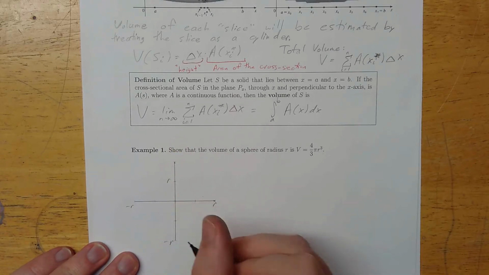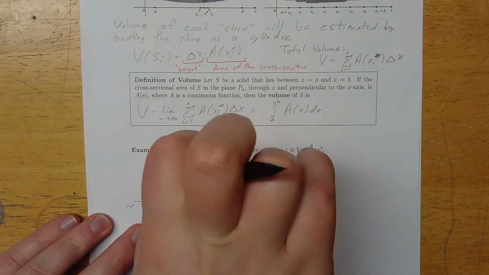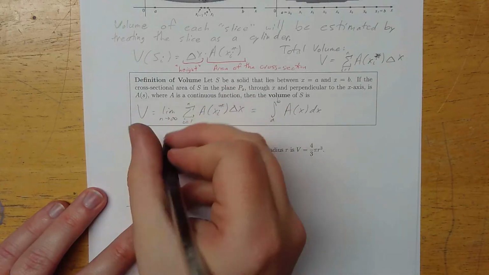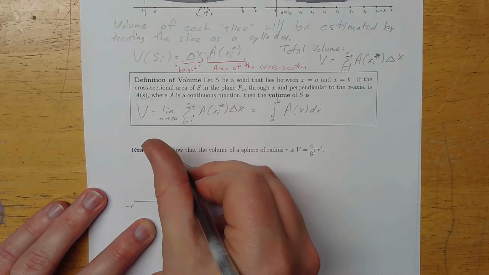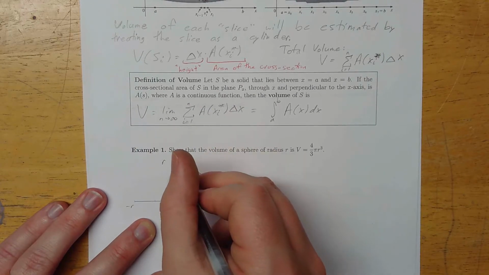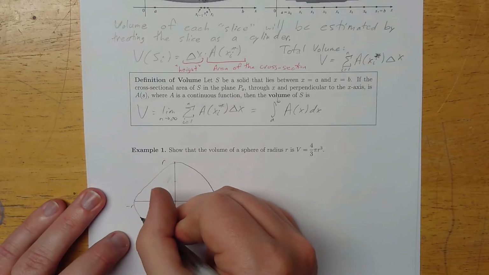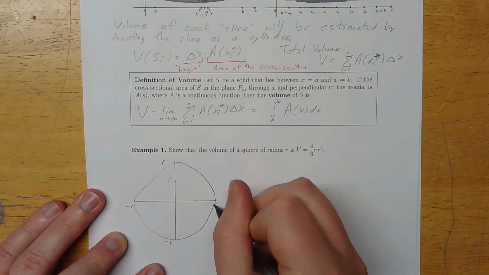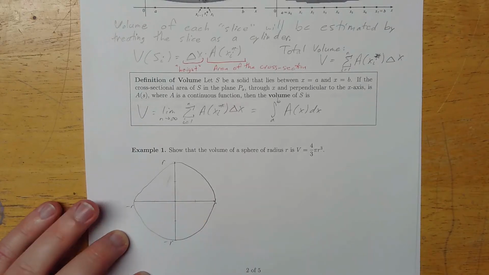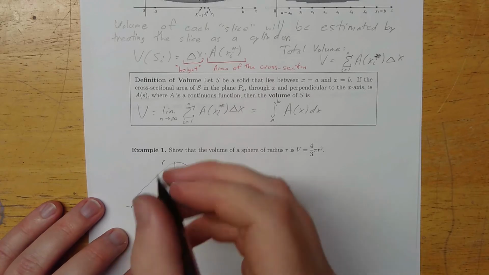This is r. And we want to find the volume of this sphere, so that right now we're only really seeing part of the volume. We actually would have more to go.